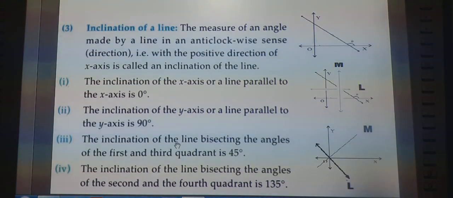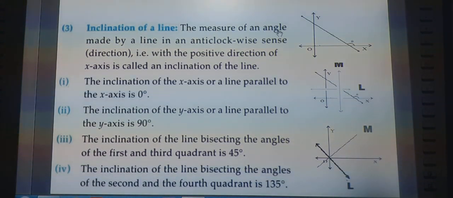Now next topic is inclination of a line. We know that when a line makes angle theta with the positive direction of x-axis, in this diagram we consider here theta, this line we draw here, and this line makes angle theta with the positive direction of x-axis, then this theta is called inclination of that line. So see the point.